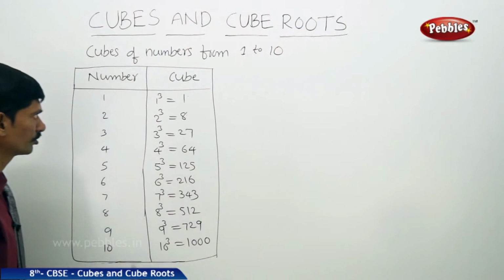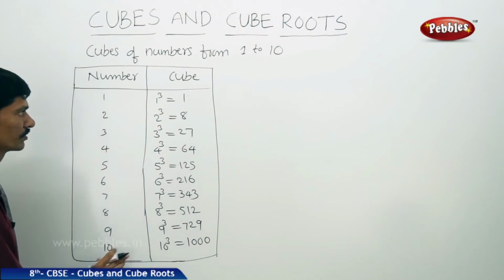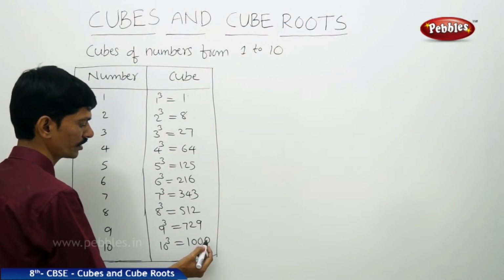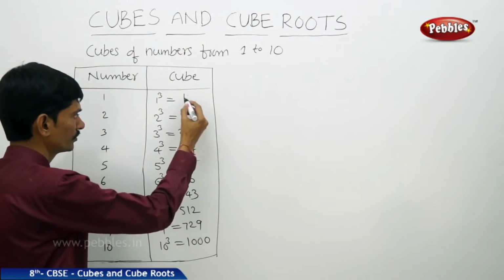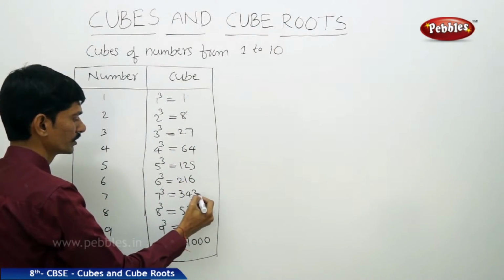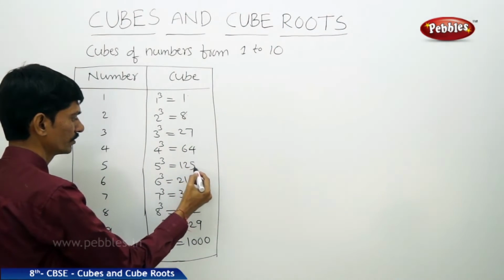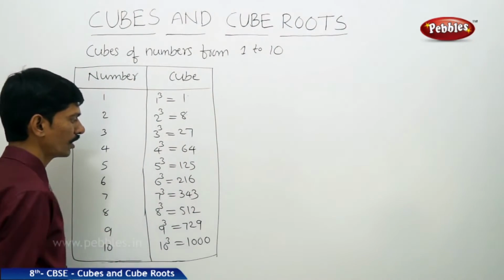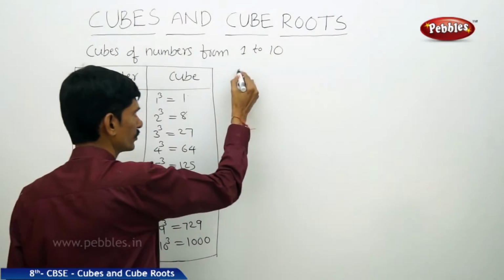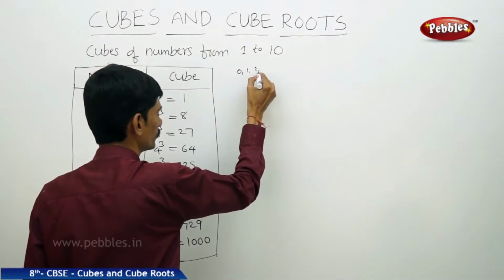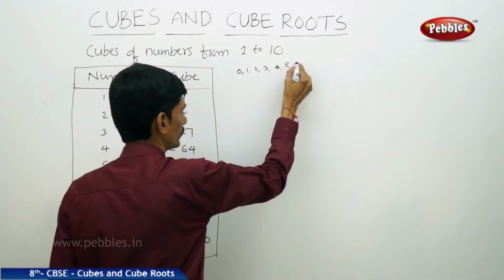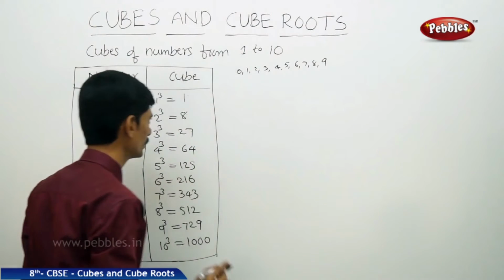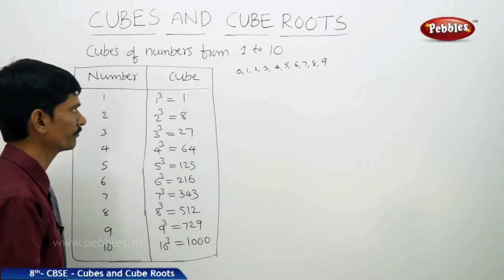Now if you consider the cubes of the first 10 natural numbers, then what are the units places? So we can observe that the unit places are 0, 1, 2, 3, 4, 5, 6, 7, 8, 9. So all the digits from 0 to 9 are present in the units place of the cube of a number.